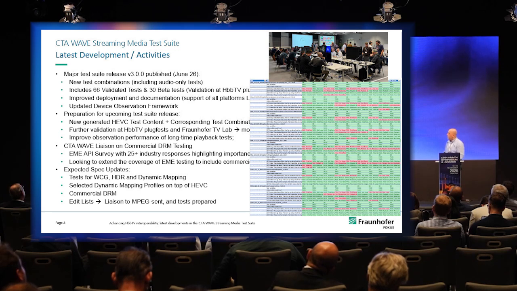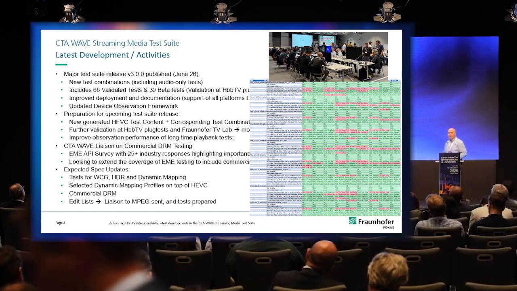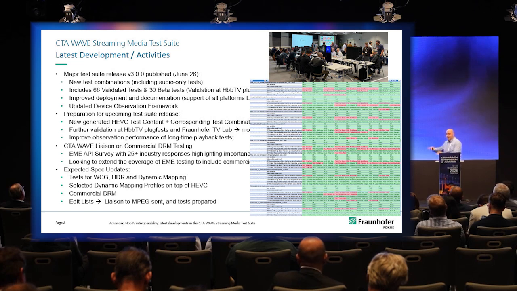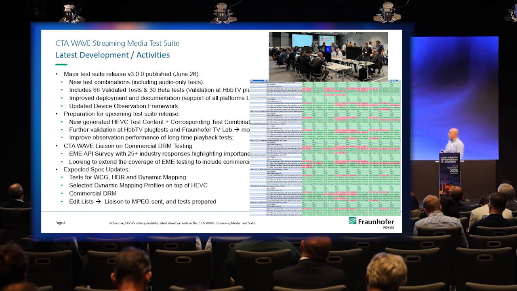In this release, there are 66 validated tests. That is far from HbbTV's 3,000-plus tests, but as I mentioned earlier, this is only about media playback. It's not about every application aspect. We have improved documentation and so on.